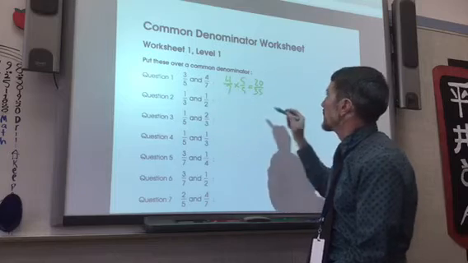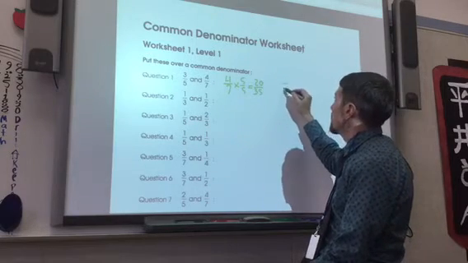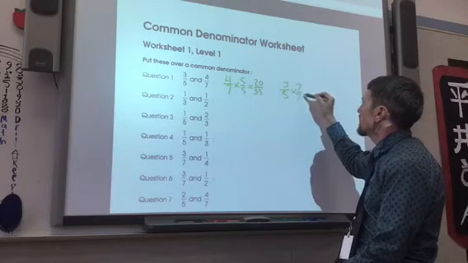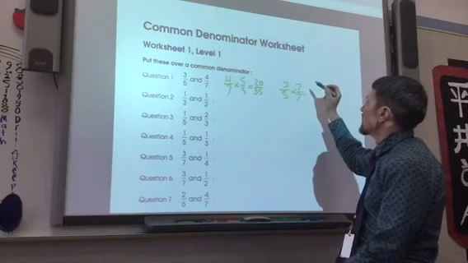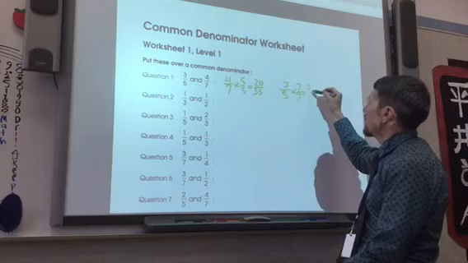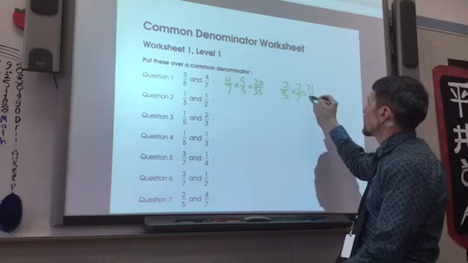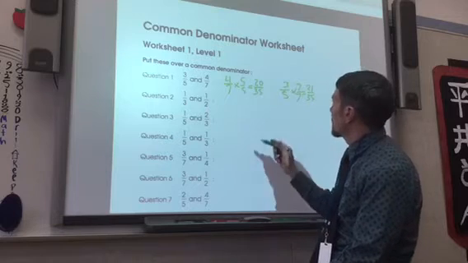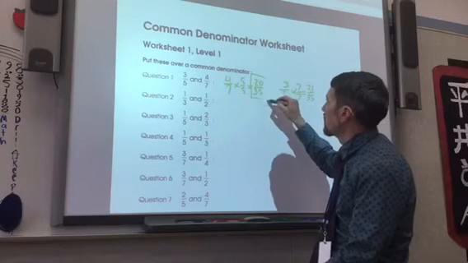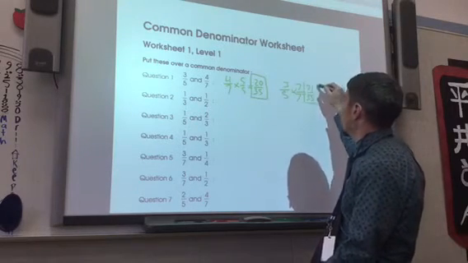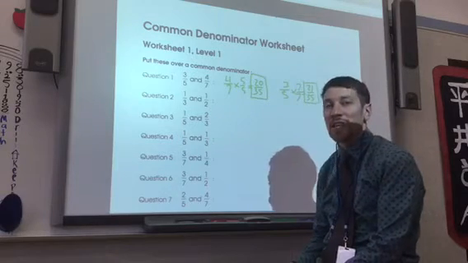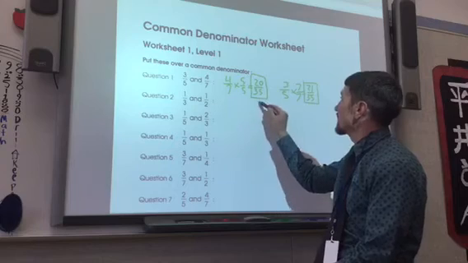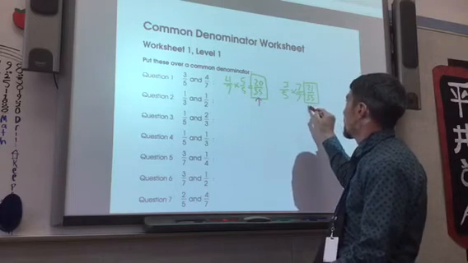And then I'm going to have to do this math over here. 3/5 times 7 over 7 equals, 7 times 3 is 21, 5 times 7 is 35. So now I have put them both over a common denominator. I don't need to add or subtract or anything. I just wanted to find this common denominator.